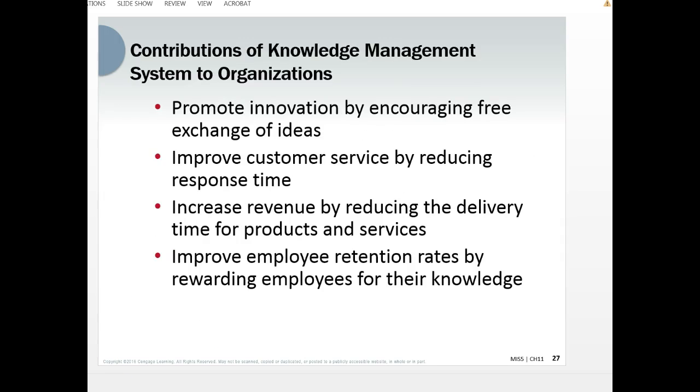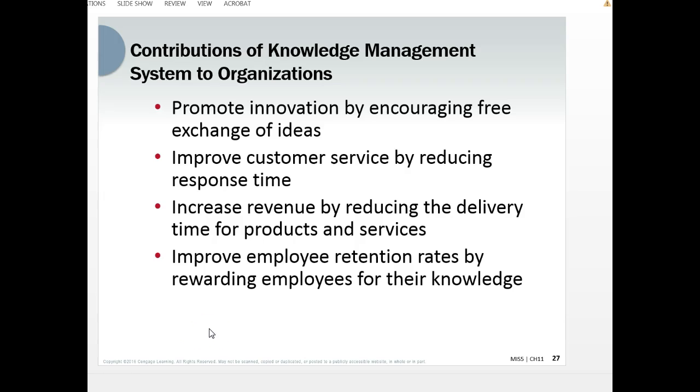A knowledge management system could help an organization promote innovation by encouraging the free exchange of ideas, improving customer service by reducing response time, increasing revenue by reducing the delivery time for products and services, as well as improving employee retention rate by rewarding employees for their knowledge.